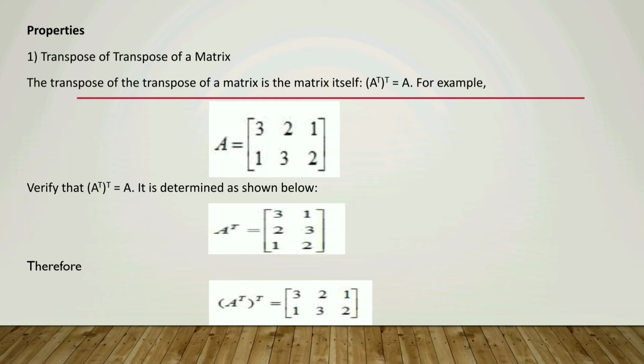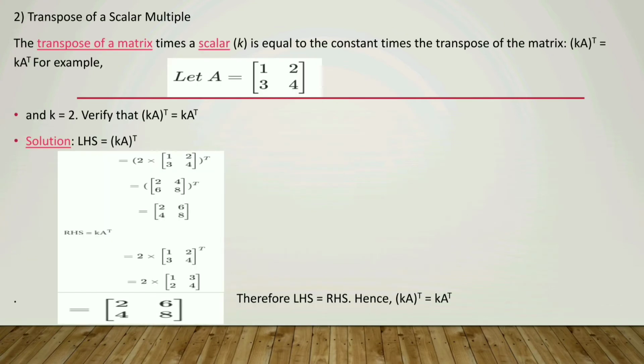Then A transpose of this is [3, 1; 2, 3; 1, 2]. Then again take the transpose of the transpose, that is, (A raised to T) raised to T equals [3, 2, 1; 1, 3, 2]. Hence here you can say that (A raised to T) raised to T equals A. Hence proved.